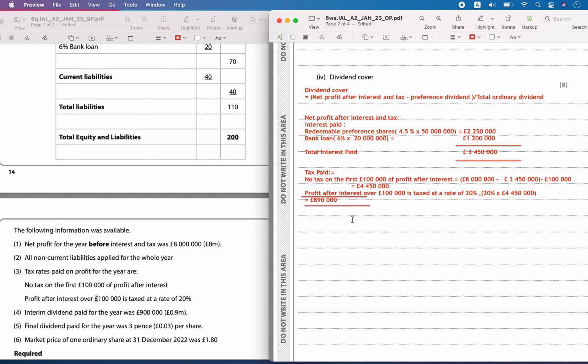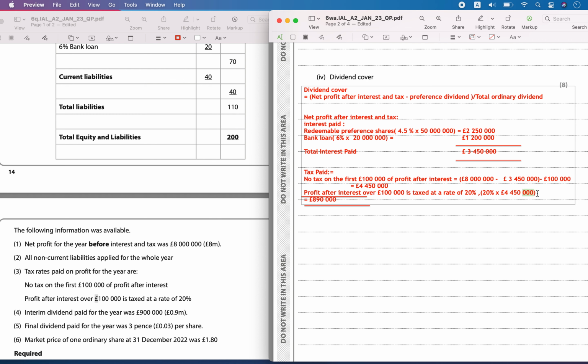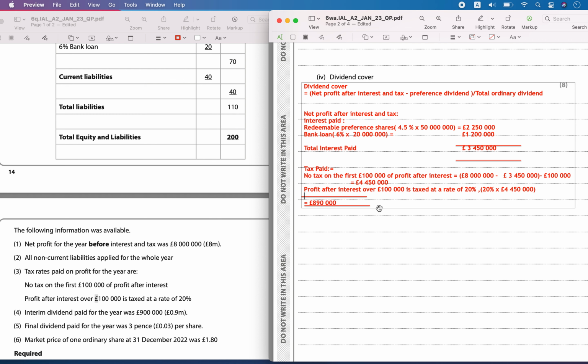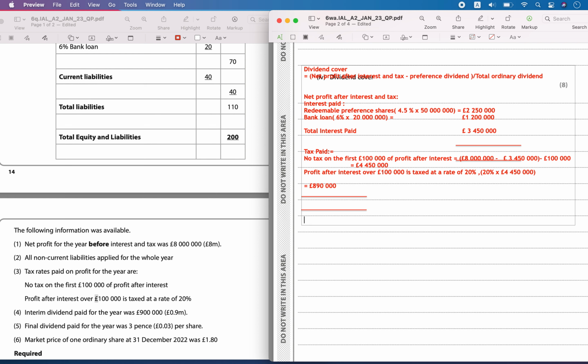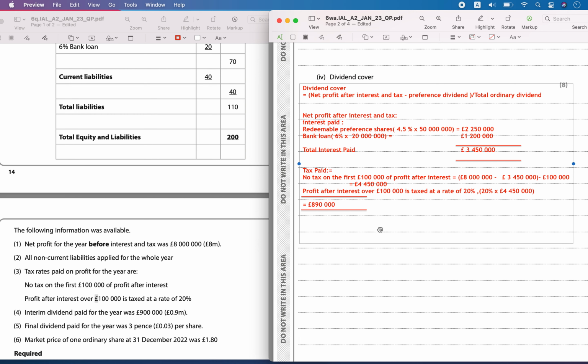Now we have to calculate the dividend cover. The dividend cover is equal to the net profit after the interest and tax are paid.